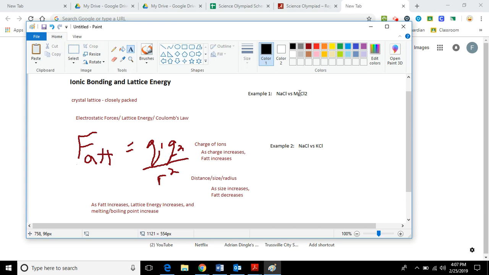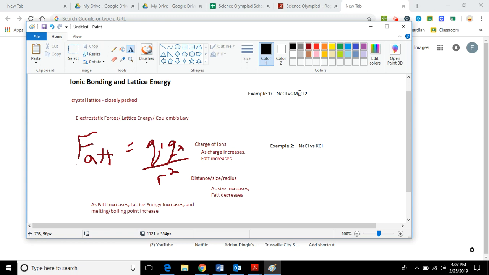Now, this could definitely be a free response question where they might say MgCl2 has a higher lattice energy than NaCl. And that's your statement. You have to justify it, just like you did for atomic structure and periodicity in that unit. They could say that MgCl2 has a higher melting point than NaCl, and you have to justify that.